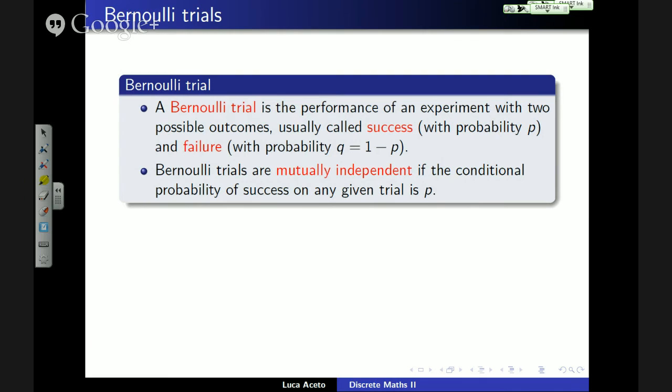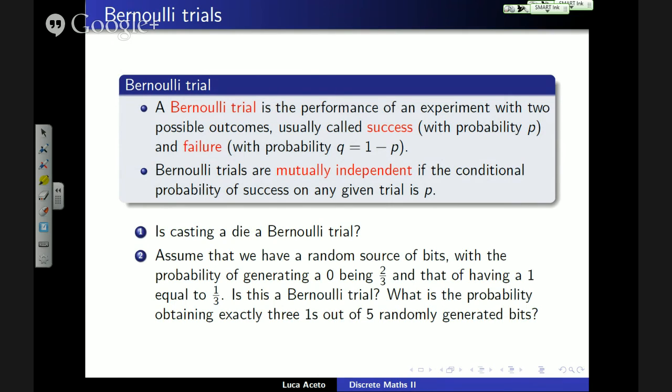It's not a coin with memory. If it's a fair coin, the probability that you get a head will always be a half, no matter how many times you toss the coin before. That's an example of a Bernoulli trial which is mutually independent. Every time is like starting from the first time. It's like the first kiss, whatever.